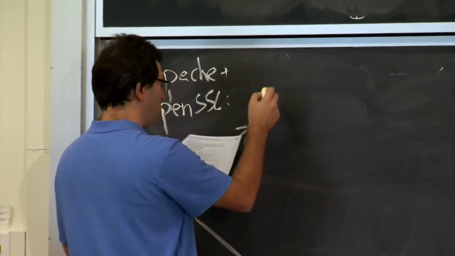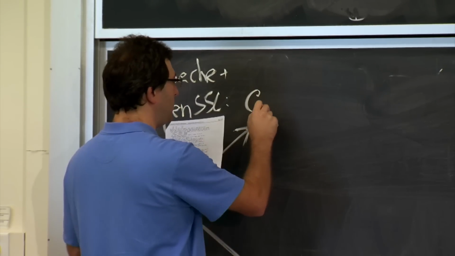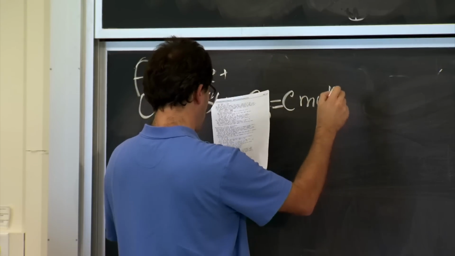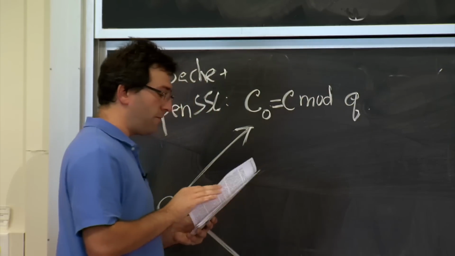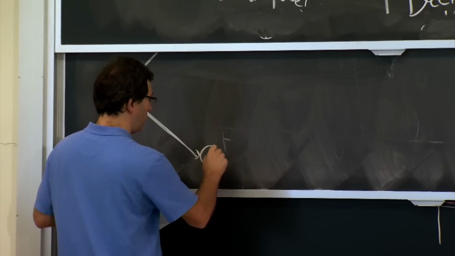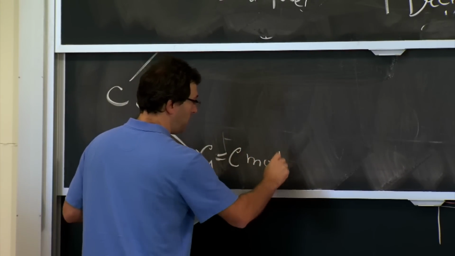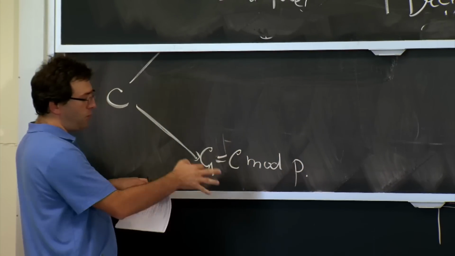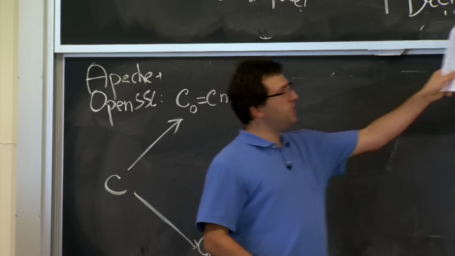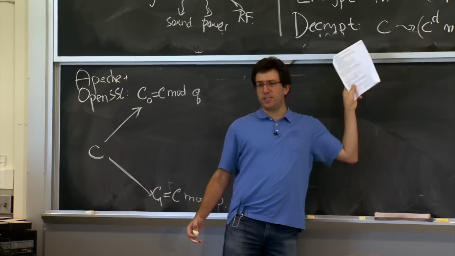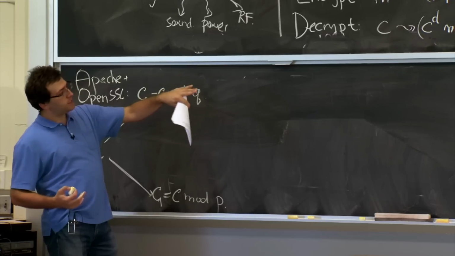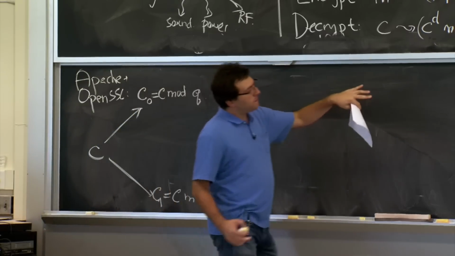So the first thing we're going to do is take C and compute, let's call this C0, which is going to be equal to C mod Q. And we're also going to have a different value, let's call it C1, which is going to be C mod P. And then we're going to do the same thing to each of these values to basically compute C to the D mod P and C to the D mod Q. And here, initially, we're going to start sort of after CRT.